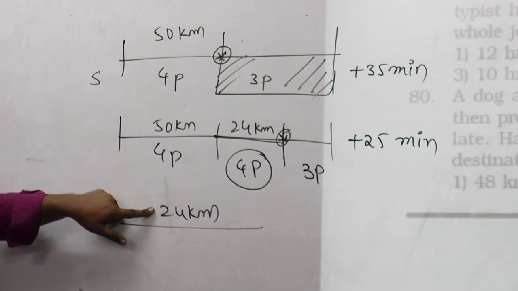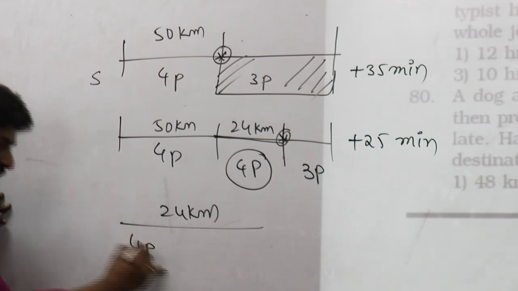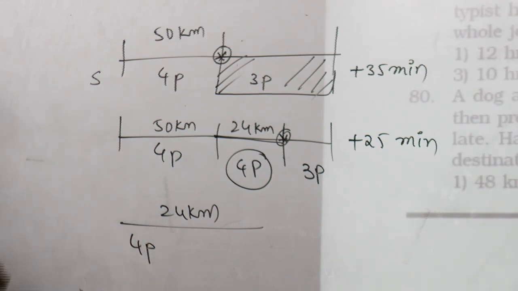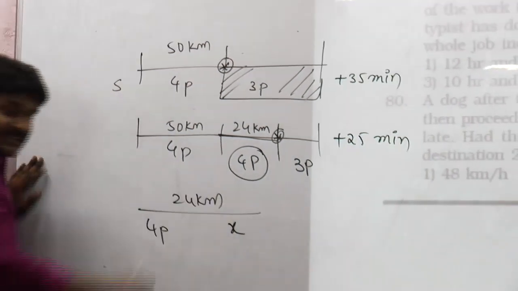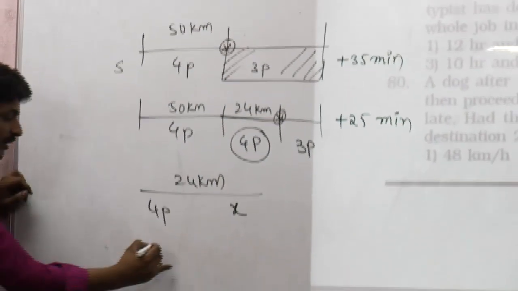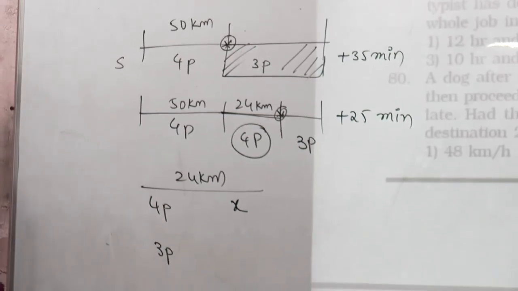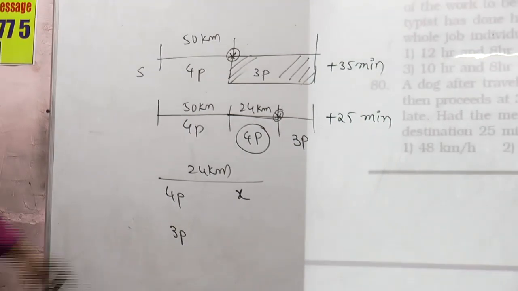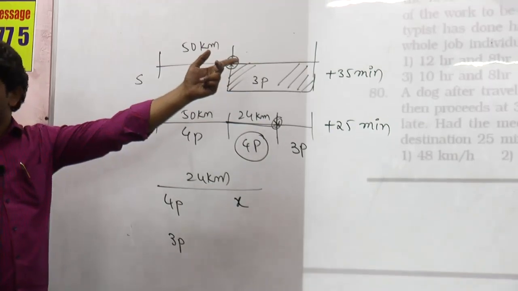To cover 24 kilometers with usual speed, that is 4 parts, if he takes x minutes, moving with 3 parts, he is taking 10 minutes extra.